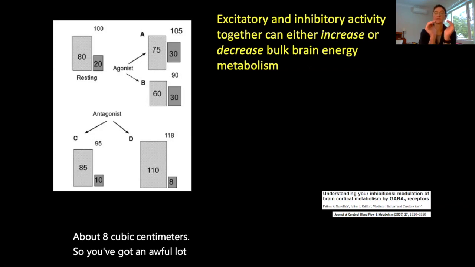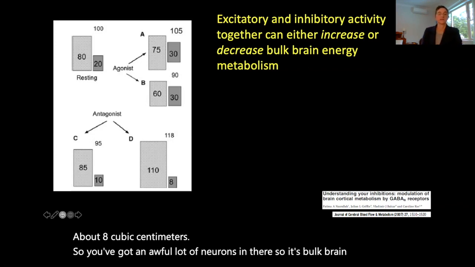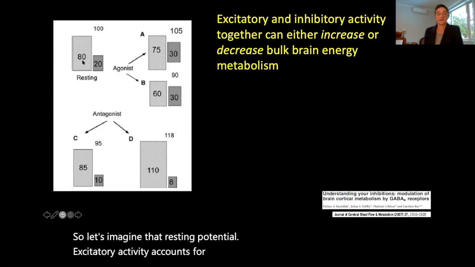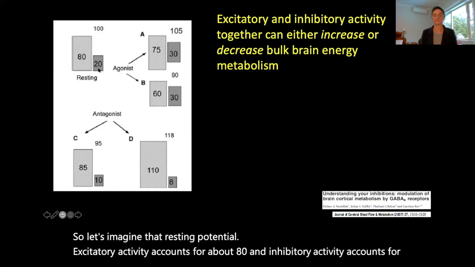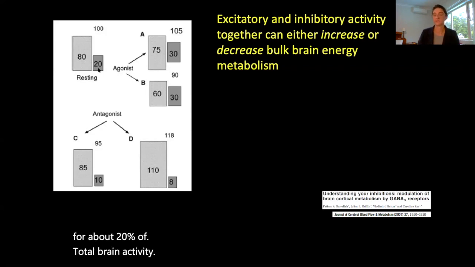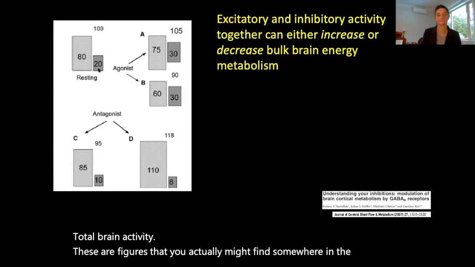So let's imagine that at resting potential, excitatory activity accounts for about 80% and inhibitory activity accounts for about 20% of total brain activity. These are figures that you actually might find somewhere in the cerebellum, which is different to the cortex.